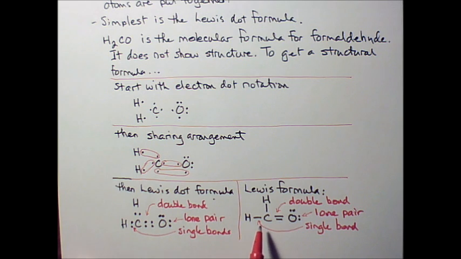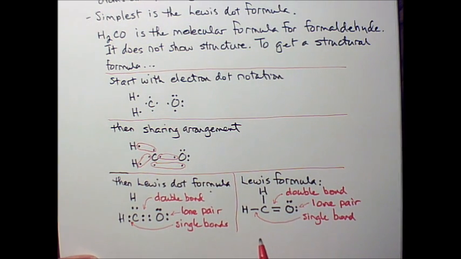Therefore, any line between two atoms in the Lewis formula also represents an orbital that's being shared. Any orbital that's being shared is one bond. You can have a double bond, that's two bonds. Each time you have a bond, you've got a shared orbital.